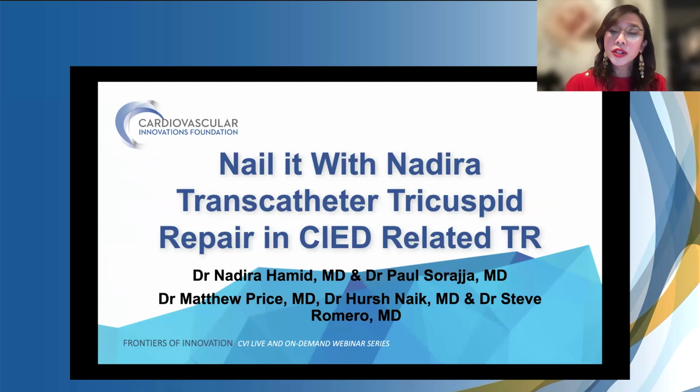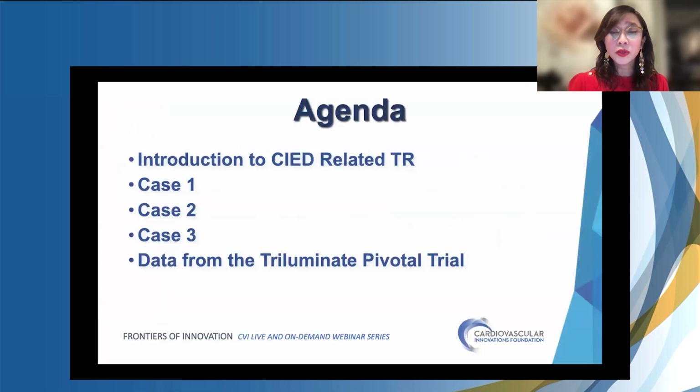We'll be talking about transcatheter tricuspid repair in CIED, which stands for cardiac implantable electronic devices related tricuspid regurgitation. So it's a huge topic and it's very challenging, especially when we are considering TriClip therapy for these patients. And so the agenda for the next hour: I'll give you a brief introduction to what exactly CIED related TR is.